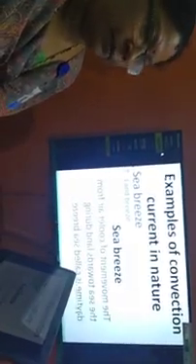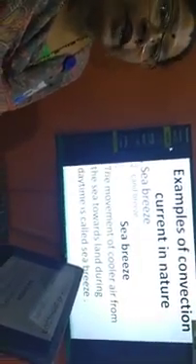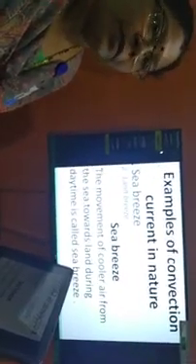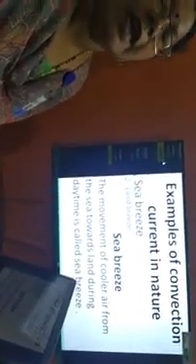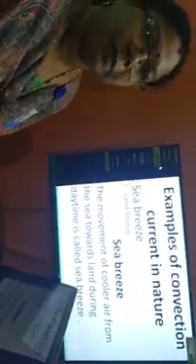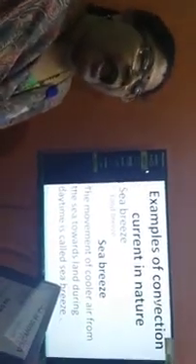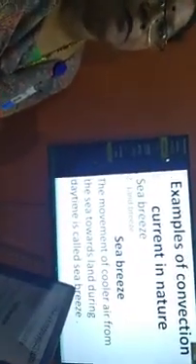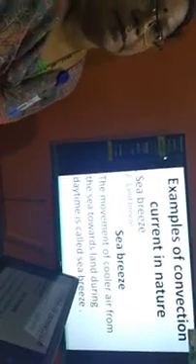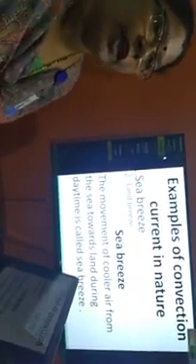But the sea is not hot now, so the colder air from the sea moves towards the land. This process is known as sea breeze, and sea breeze occurs during daytime.